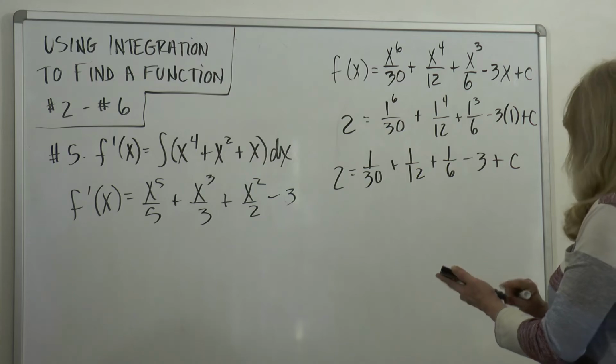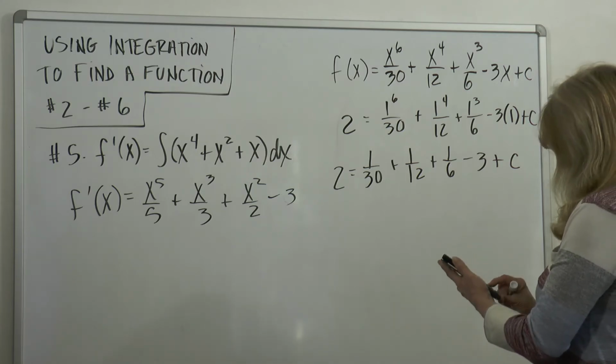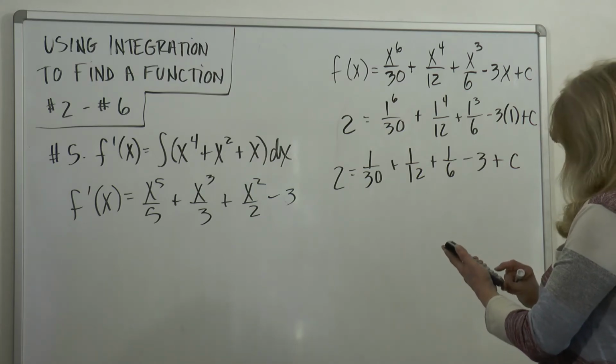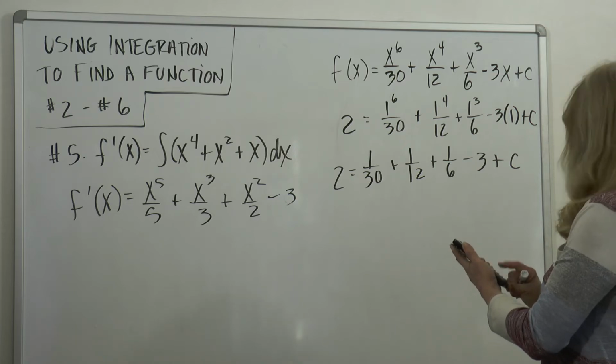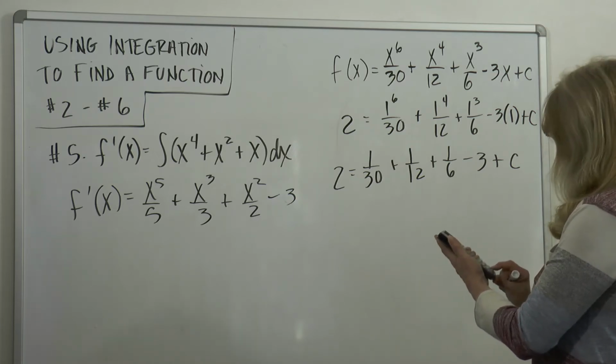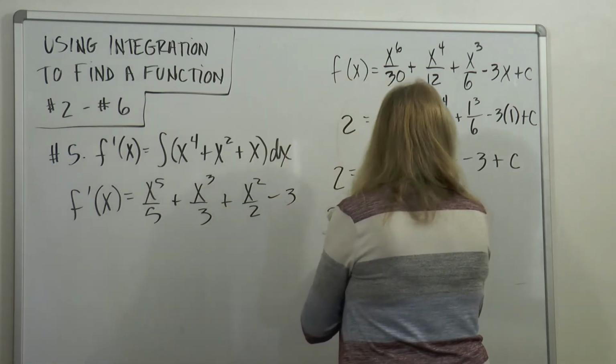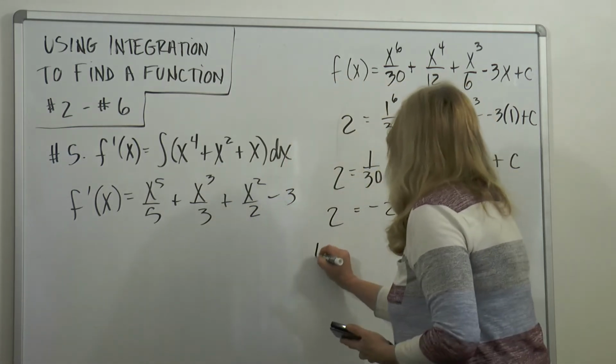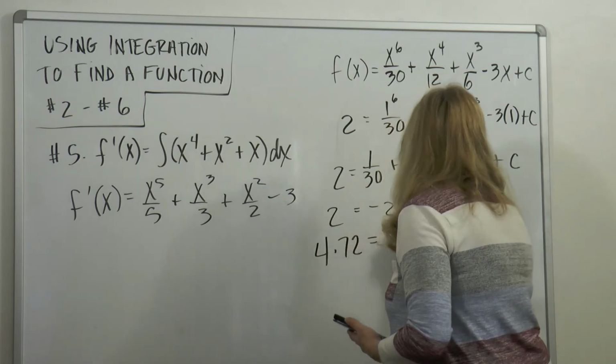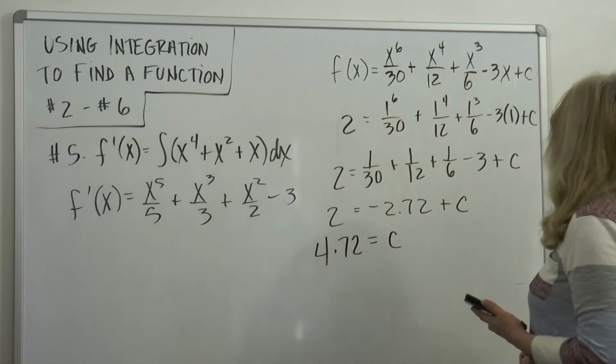So 2 is equal to -2.72 plus c. So 4.72 is equal to c. Add that to both sides.